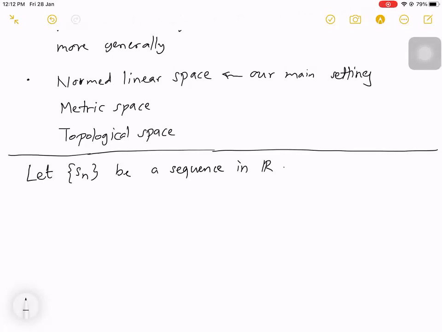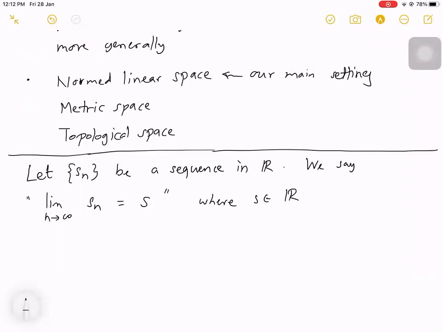What does it mean to say that this sequence converges to some real number S? So I'm going to put this in quotation marks, limit as n approaches infinity of Sn equal to S. So we say, where S is also a real number.